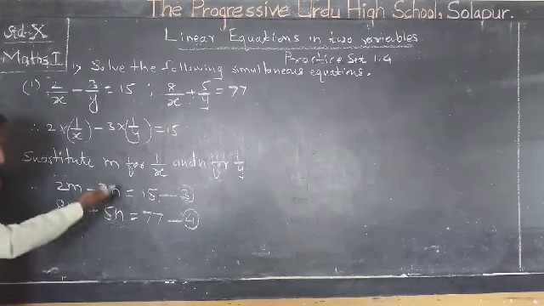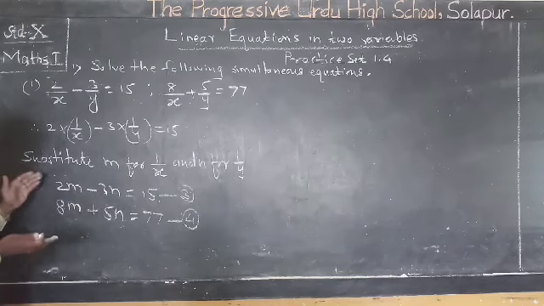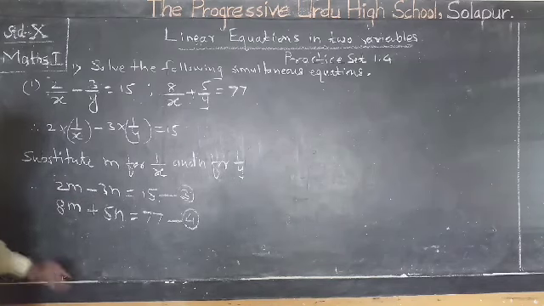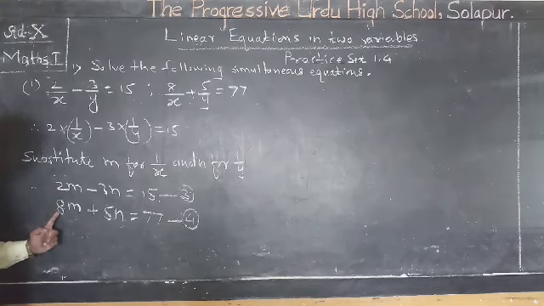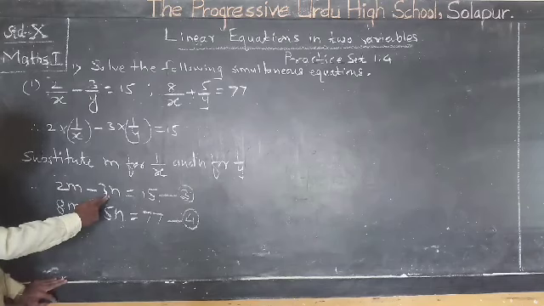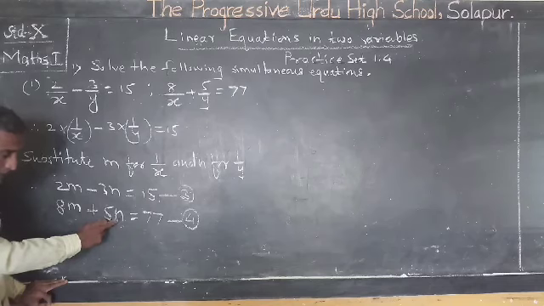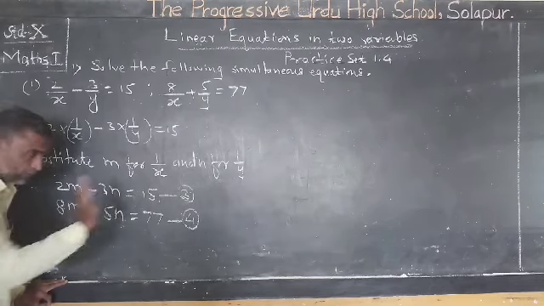Now we can easily solve these two equations by equating the coefficients. How? If you observe, the coefficient of m in equation number 3 is 2, and in equation number 4, the coefficient of m is 8. Similarly, the coefficient of n is minus 3 in equation 3 and plus 5 in equation number 4.